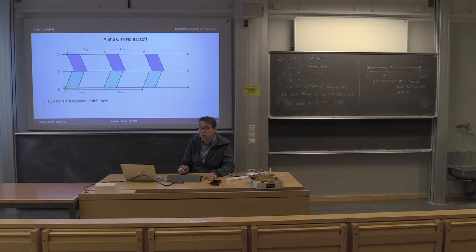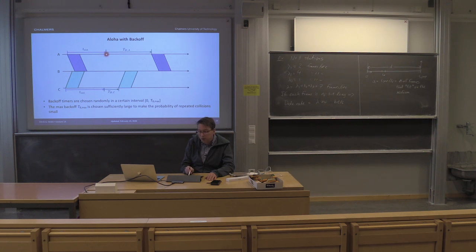So that's not good. To fix this, after the timeout expires, each station draws a random delay called a backoff delay, and then waits for that amount of time before doing the retransmission. So station A has a random delay, and station B has a random delay.